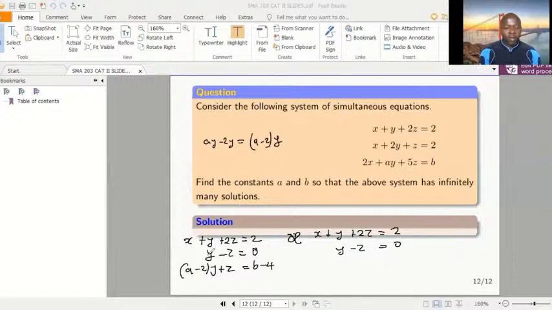Now use this y to get a 0 here. That means you are multiplying equation 2 by m minus 2, and then subtracting the result from equation 3. So this y multiplied by this, you get m minus 2y, subtract from m minus 2y gives 0.